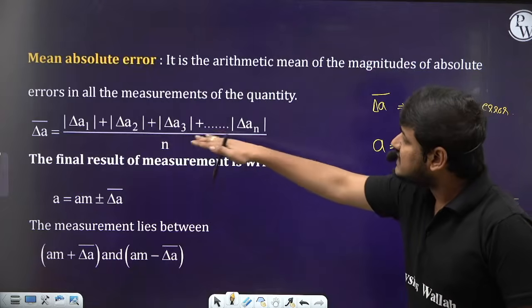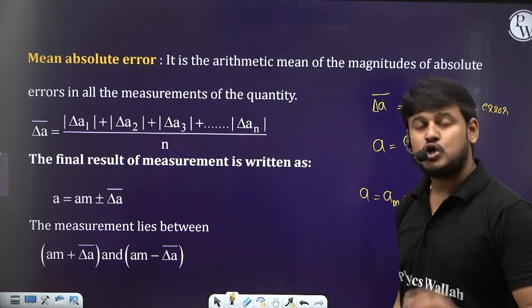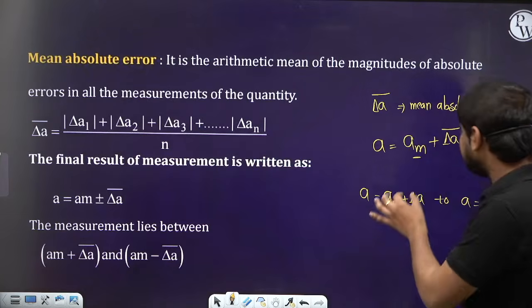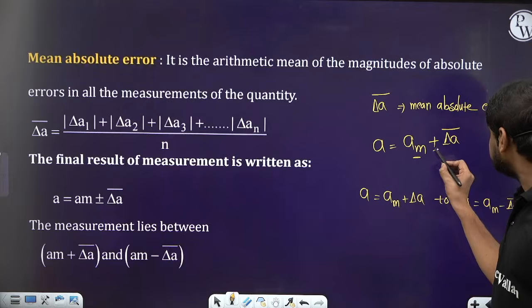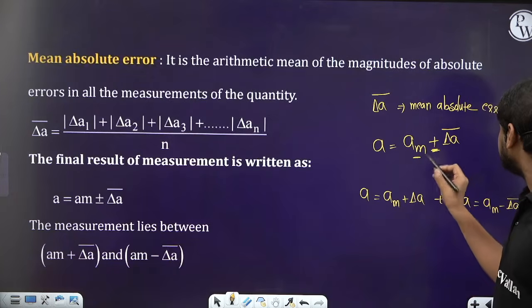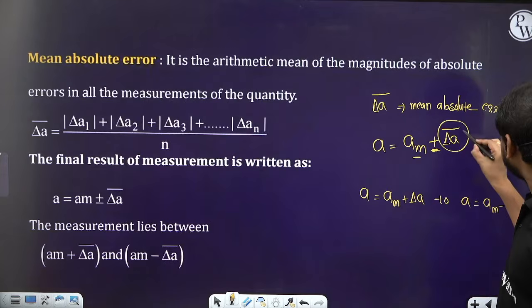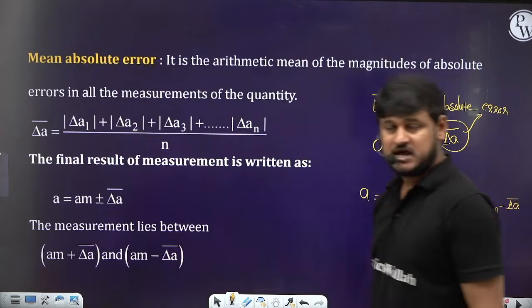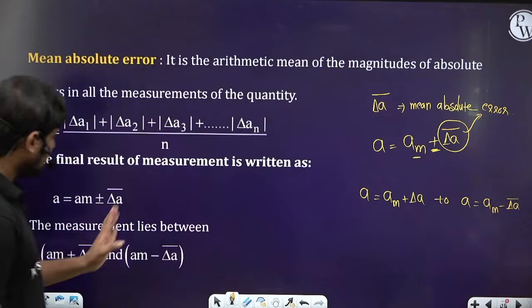All the errors, if we take the mean, that's called mean absolute error, delta A. So our final value will be the true value AM plus or minus delta A bar, which is the mean absolute error. Understood? Let me take the question so that you'll understand better.